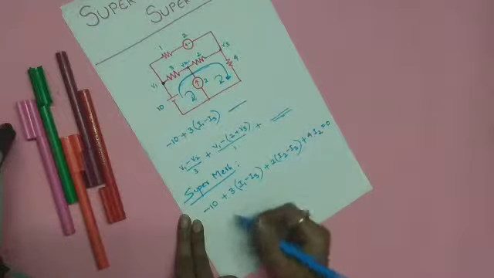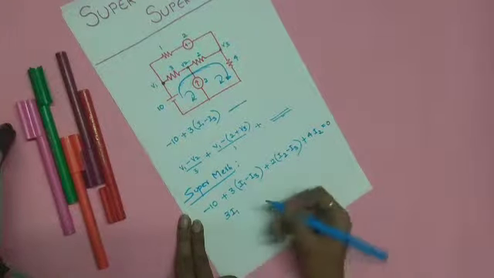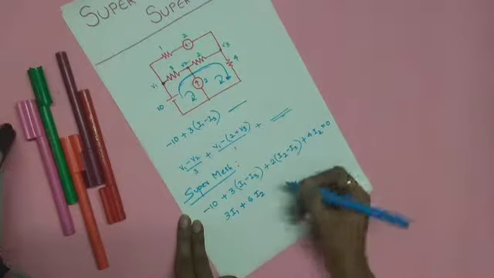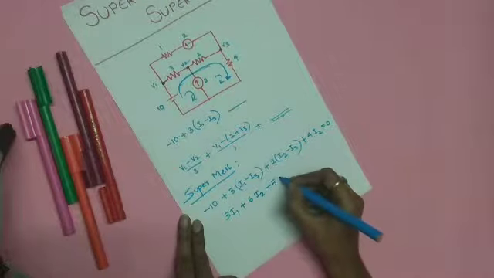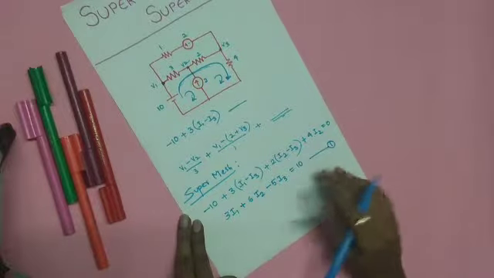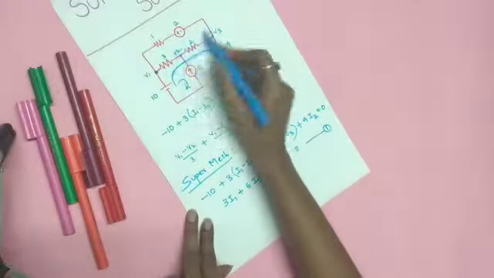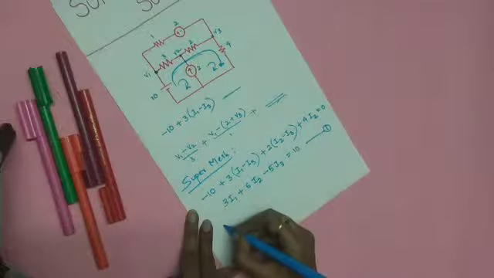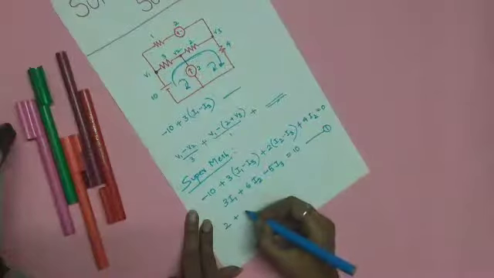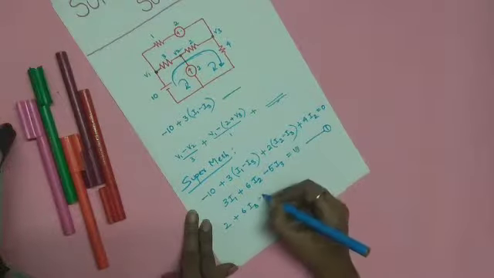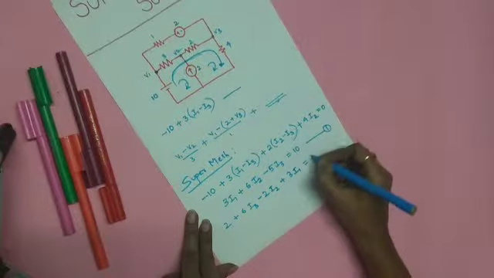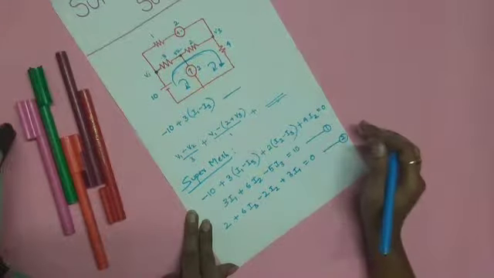So the voltage equation is 3 I1 plus 6 I2 minus 5 I3 is equal to 10. So this is the first equation, and the second equation comes here. It is 2 plus, when you do it in the same way, 6 I3 minus 2 I2 plus 3 I1 equals 0. So this is the second equation.